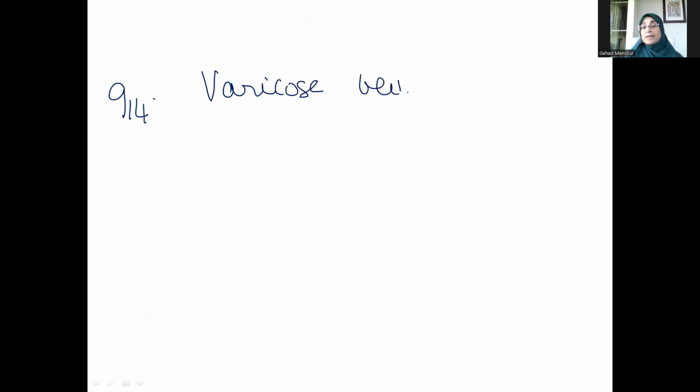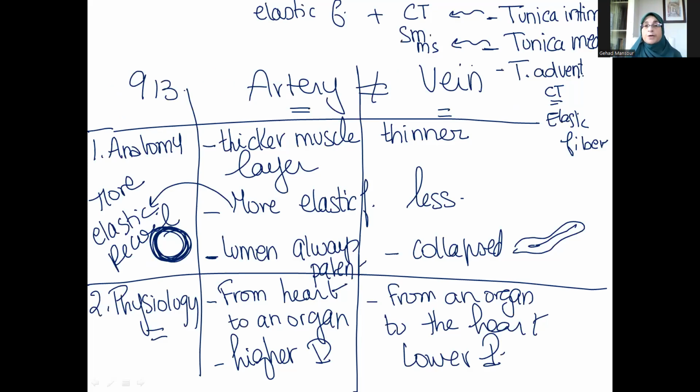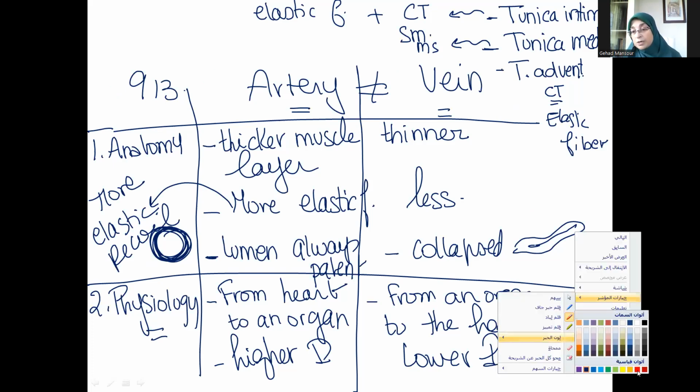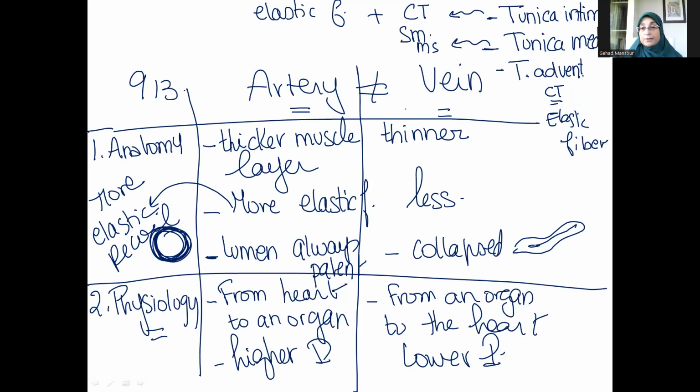Varicose veins. There is another important difference in anatomy between the artery and the vein: the large veins have valves all along their courses to prevent backflow of blood.